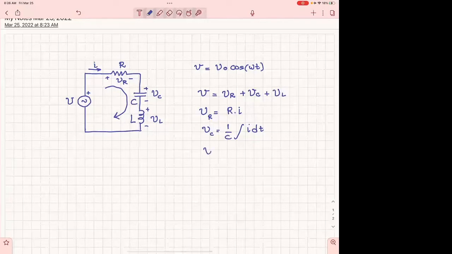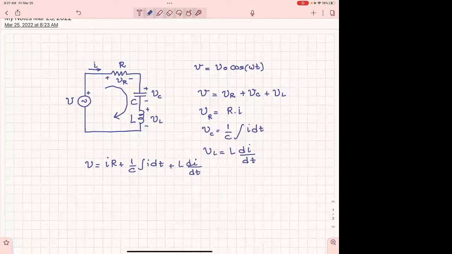So V sub L is going to be L di dt. All right, do you agree with that? Any disagreements? Then you put that in here and it creates an equation that looks like this: IR plus 1 over C integral of I dt plus L di dt.